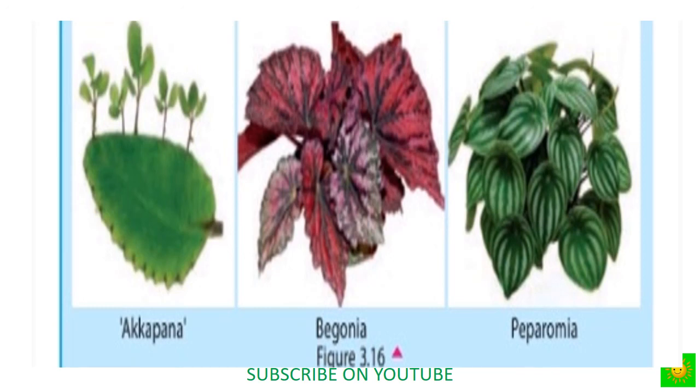Make a small cut at the veins of the above mentioned leaves and cover the place with soil. Keep watering them for several days. After 3-4 days, observe the roots near the veins of the leaves. Find other ways to get new plants from leaves. Can you see in the Akapana leaf, the plants have come out.